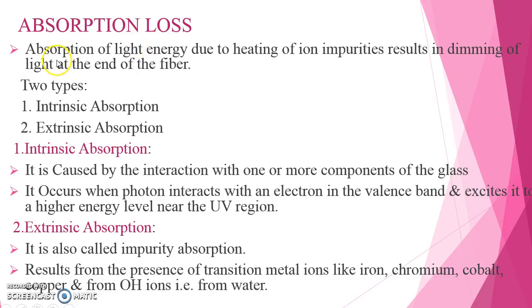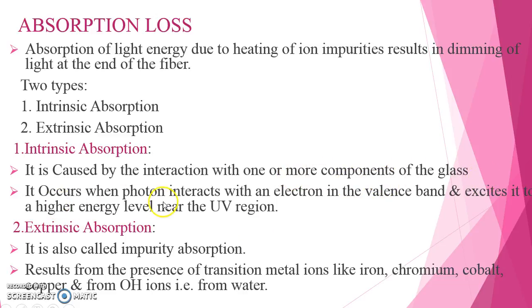Absorption loss. Absorption of light energy due to heating of ion impurities results in dimming of light at the end of the fiber. There are two types of absorption loss: intrinsic absorption and extrinsic absorption. Intrinsic absorption is caused by the interaction with one or more components of glass.